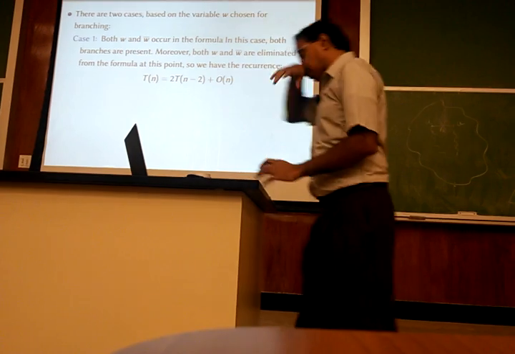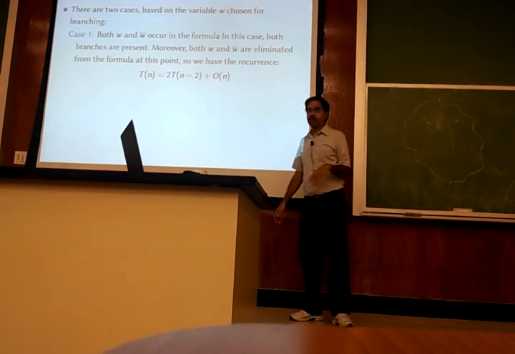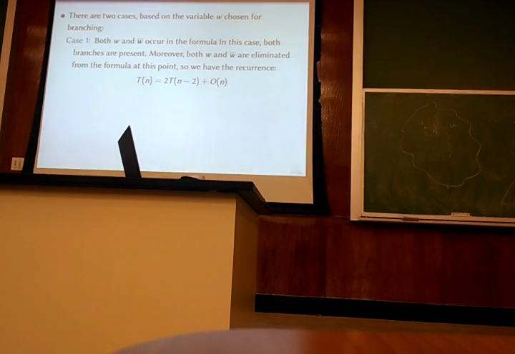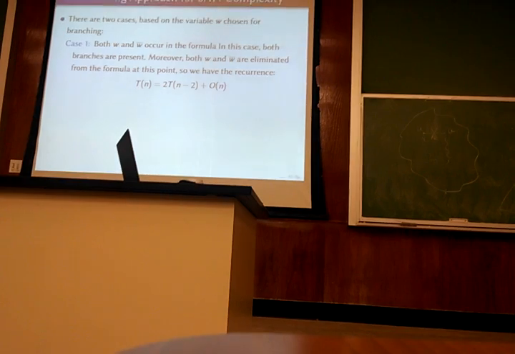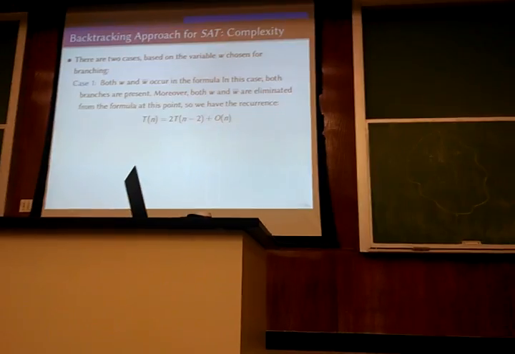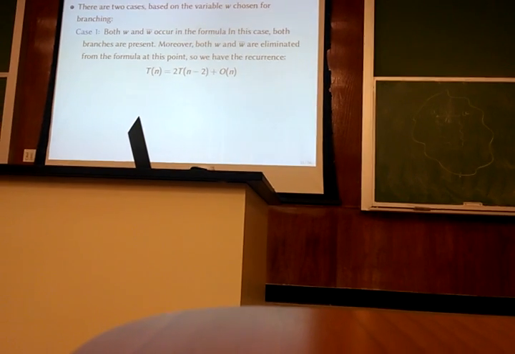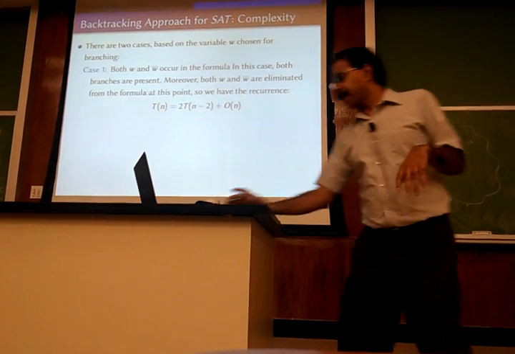That's why you have T of n equals 2T of n minus 2. And the O of n comes from the fact that to eliminate W and W bar, you have to go through the formula, remove occurrences of W and W bar, and simplify the clauses. That takes a linear amount of time, linear in the length of the formula. That's how you get O of n.